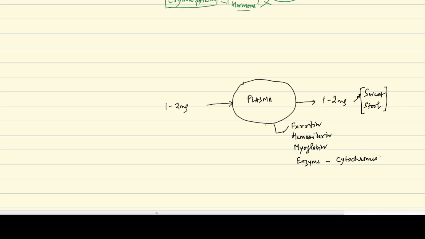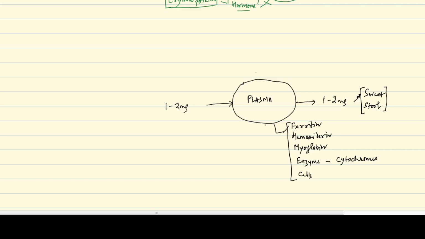So you might be familiar with cytochrome P450, which is involved in the metabolism of the body. And it is stored in certain cells which are localized in certain organs of the body, like the Kupffer cells in the liver, and so on.